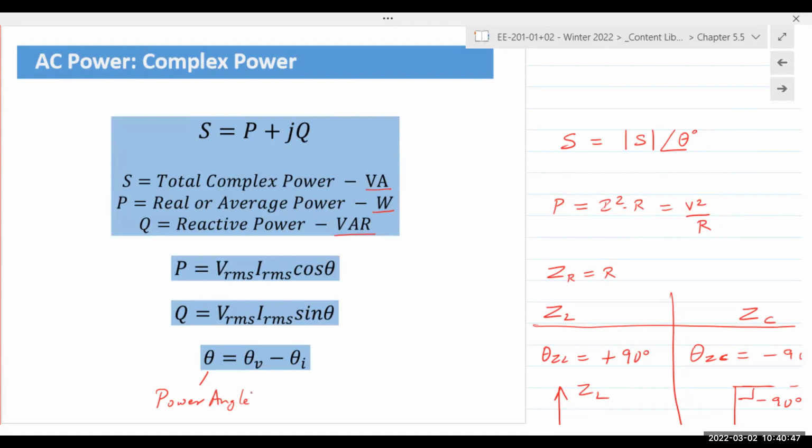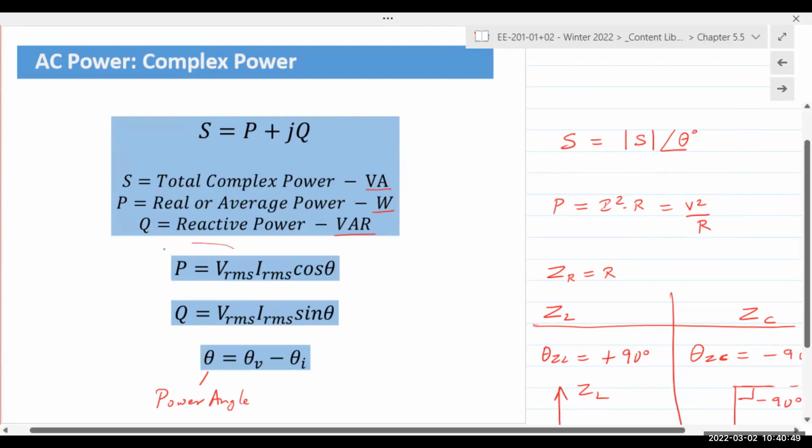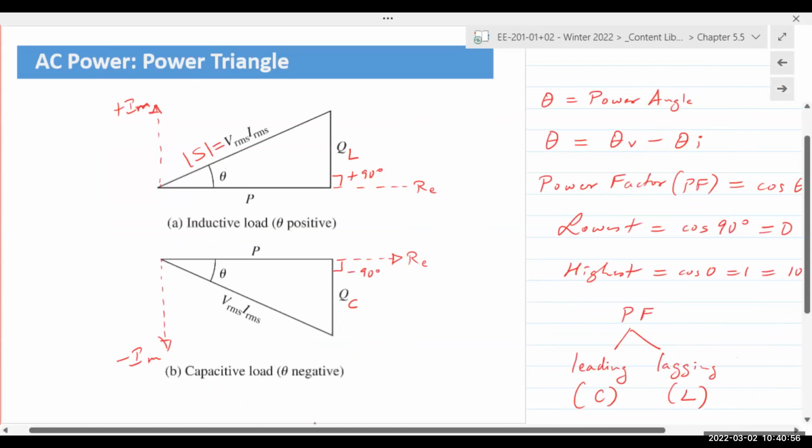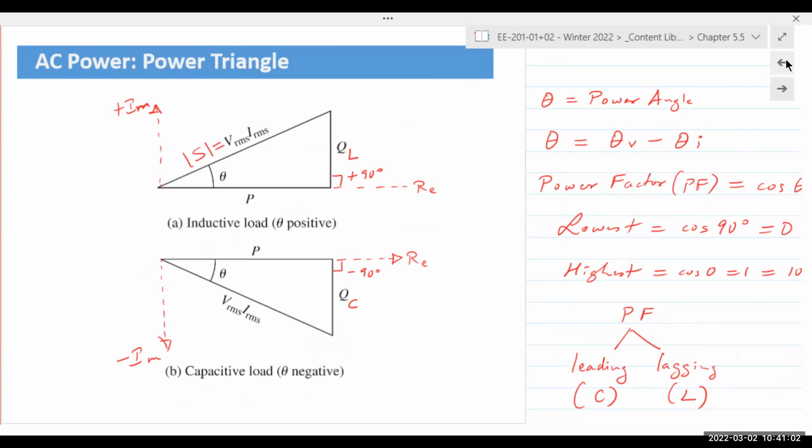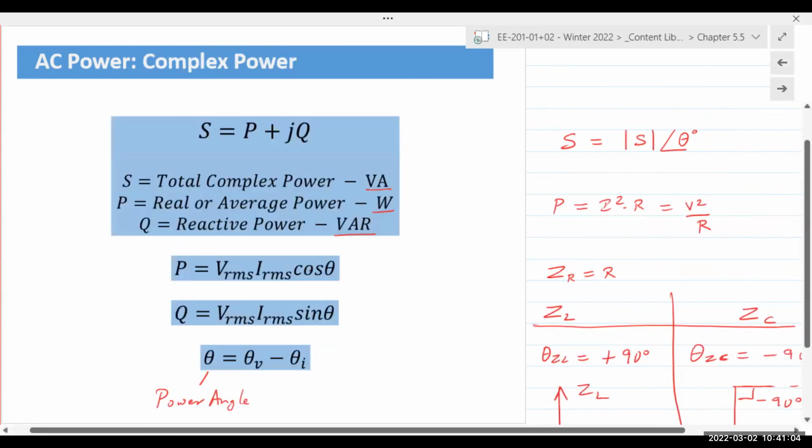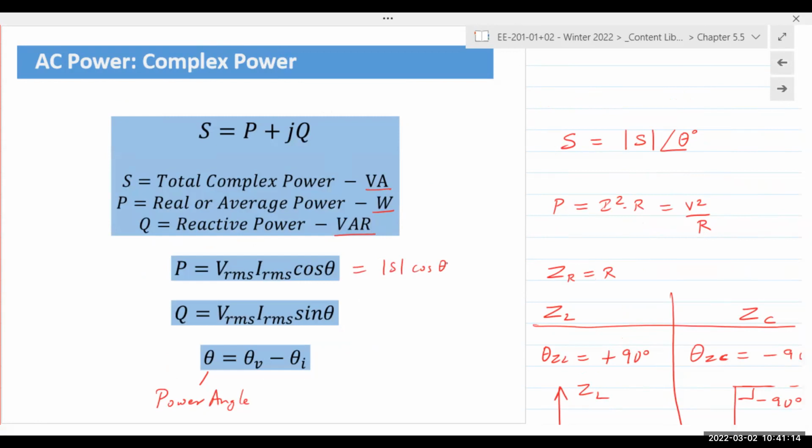Now, it is important to remember this applies to a single component. Yes, V RMS times I RMS here. Oh, no, RMS values do not include any angle.